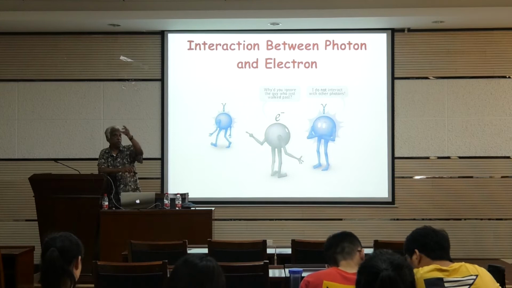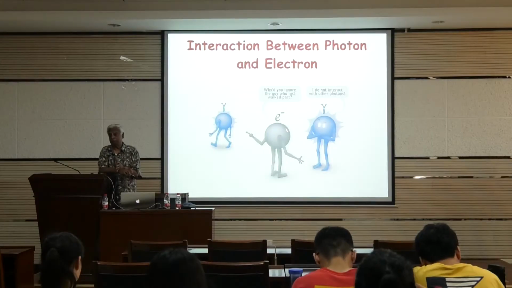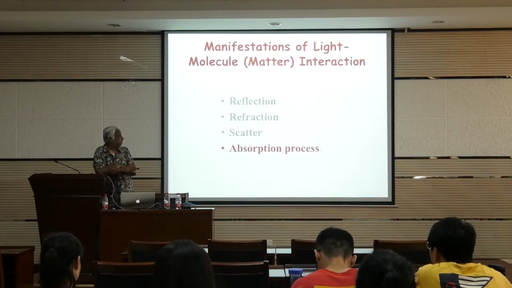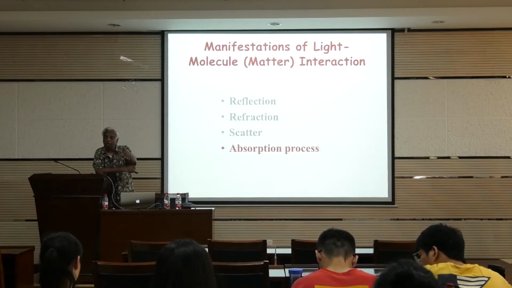When light hits a molecule, what things can happen? Basically the electrons are the most important part of the molecule. It is not the nuclei; it is the electrons that will be interacting with the photons. When light interacts with a molecule or any kind of material, several things can happen.